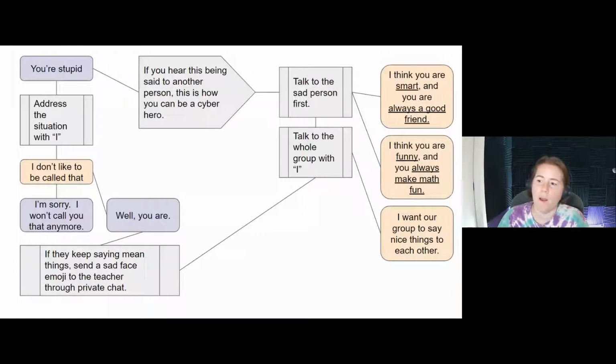As you're thinking about ways that this could be modified to work with your students, just ask yourself, what are the purposeful things that you want your students to know? And when are you going to give them the time to role play, practice it, try it out?